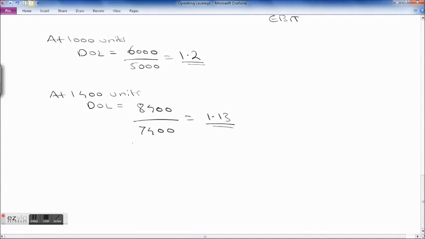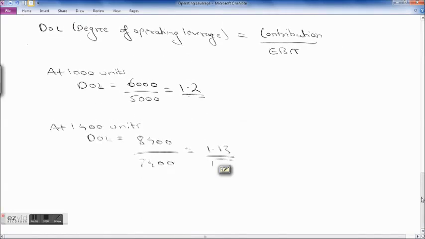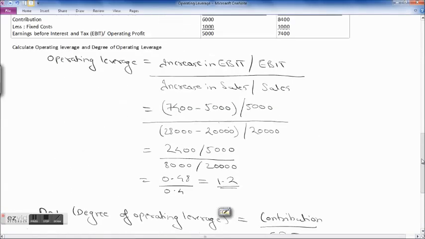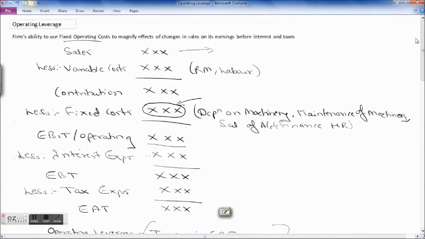So it comes to 1.13. So at 1,400 units and a sale of 28,000, your degree of operating leverage is 1.13, whereas at 1,000 units and a sale of 20,000 rupees, your degree of operating leverage is 1.2. This is how you calculate your degree of operating leverage. So this was about operating leverage. Thank you.